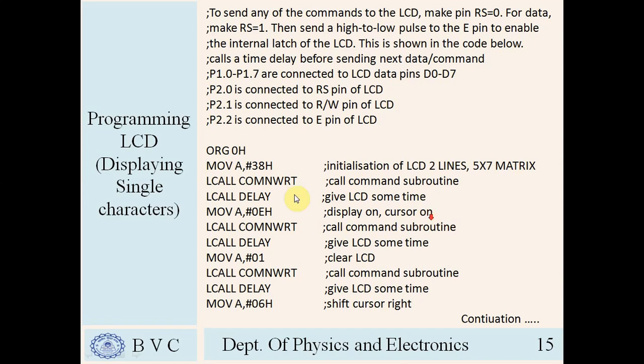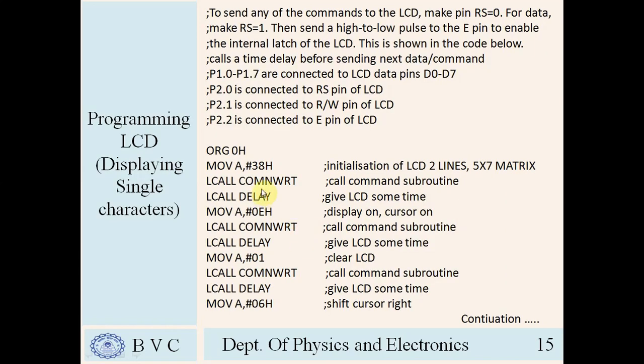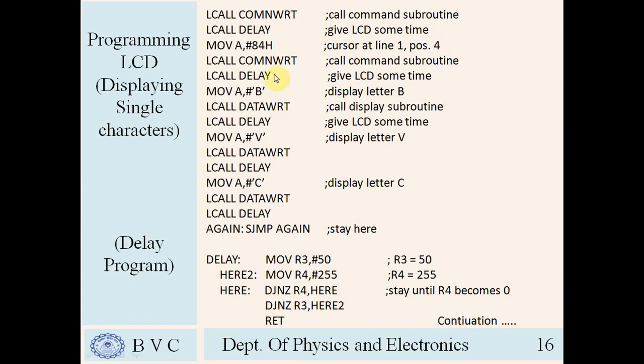P1.0 to P1.7 are connected to the LCD. As I already showed you, P1 is supplying the data, P2.0 is connected to the register select of the LCD, P2.1 is connected to the read or write of the LCD, and P2.2 is connected to the enable pin of the LCD.